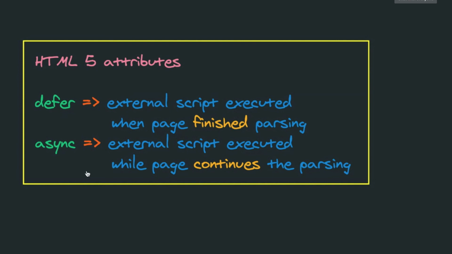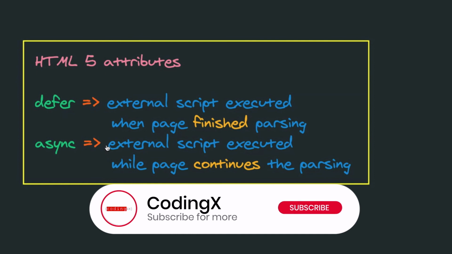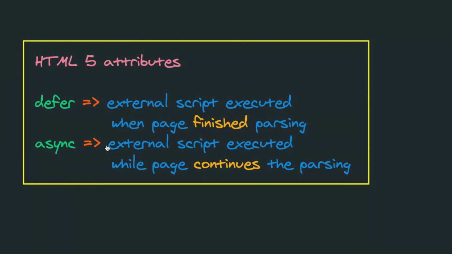Another one is async. If you are trying to download a big file and you don't want to execute the code right away, but rather download it while your HTML is being parsed and keep it in your browser cache.